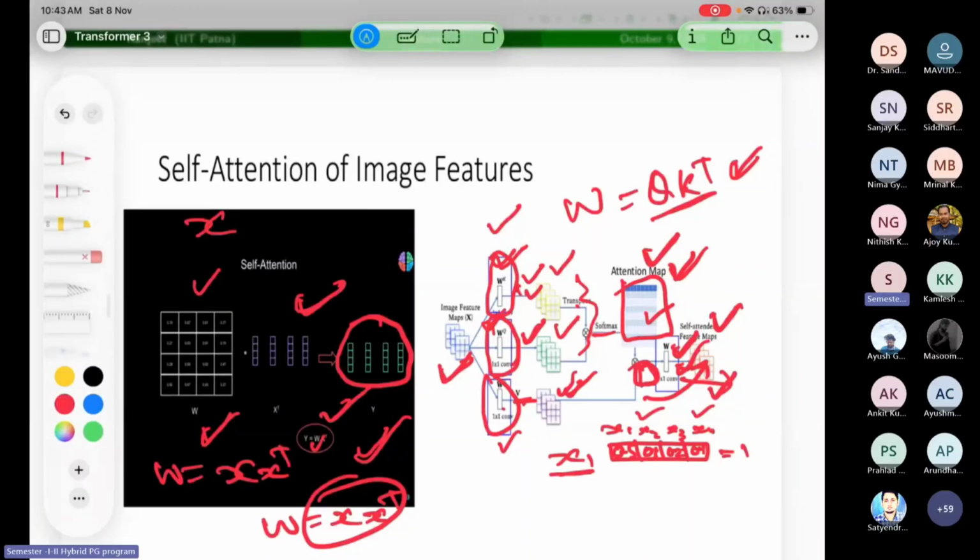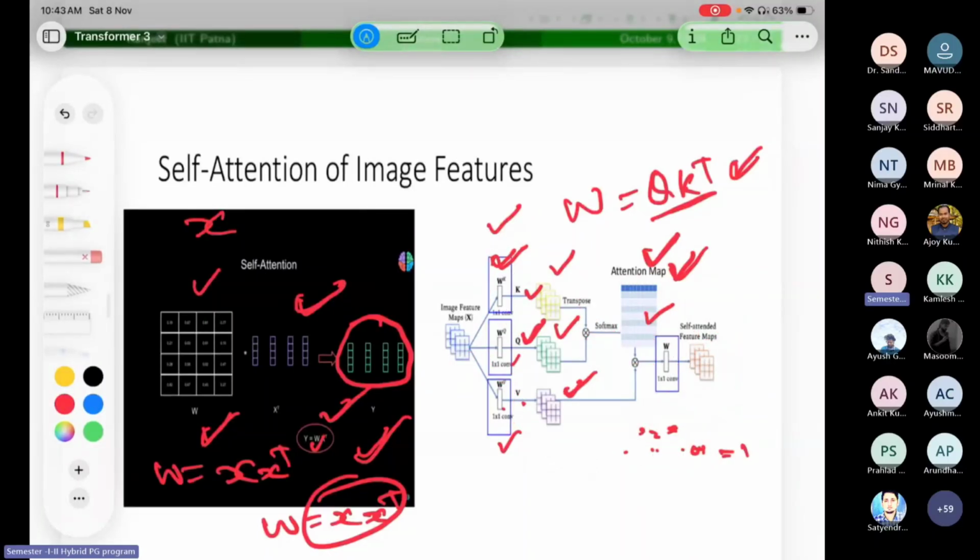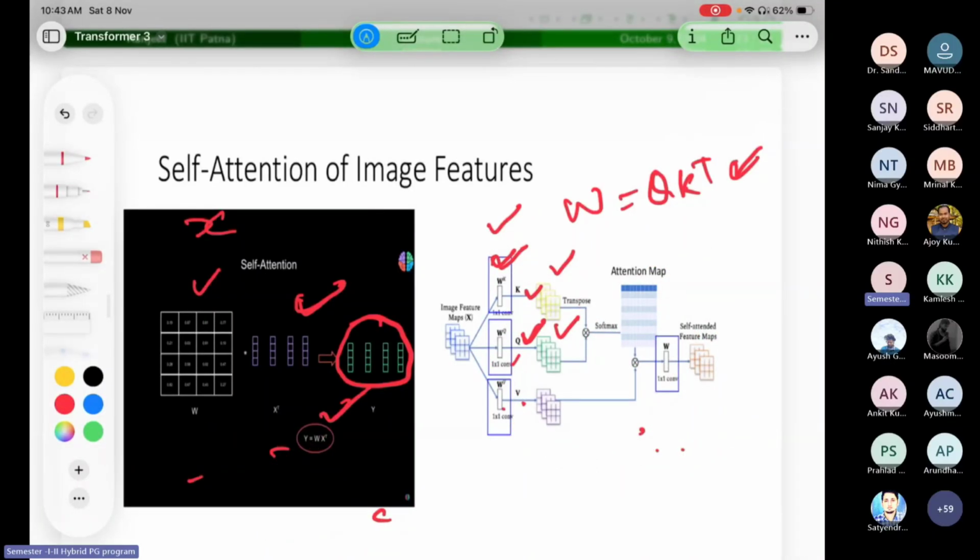Now, if you correlate the first part with the second part, the things are very similar. The only difference is that we have involved a few fully connected layers, and now the things are happening in the feature space. Apart from that, almost a similar thing is being done.